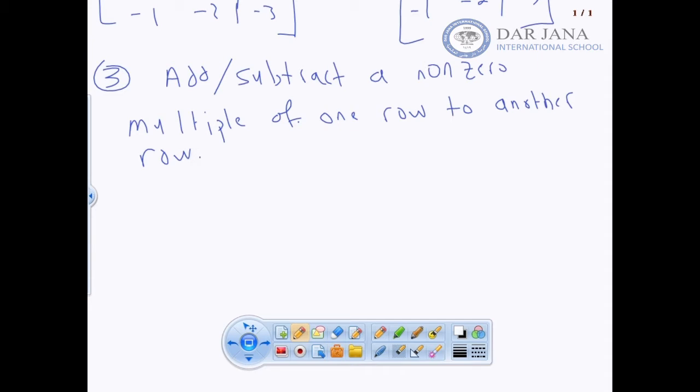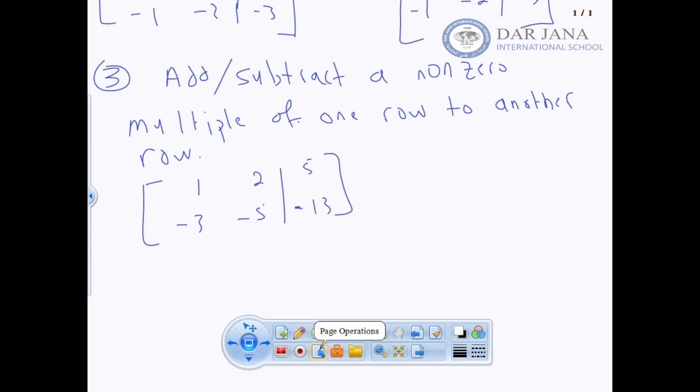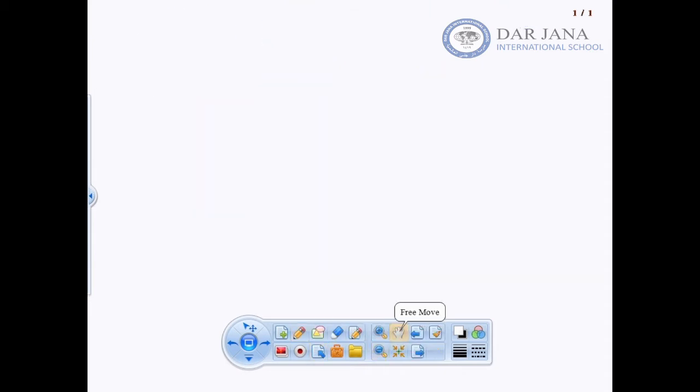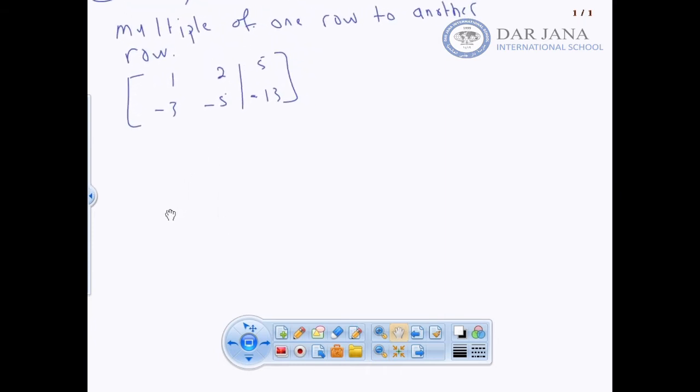Example: 1, 2, 5, -3, -5, -13. I'm going to multiply R1 by 3 and add it to R2. So again, multiply R1 by 3 and add it to R2.